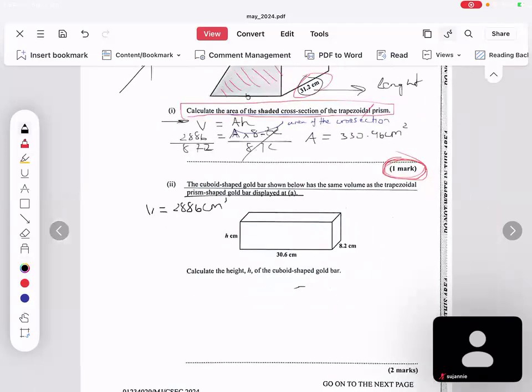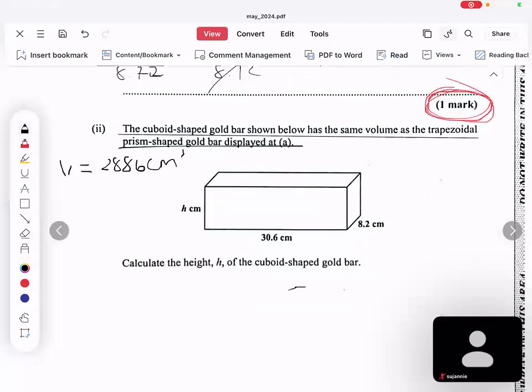All right. What they say now is, you must calculate the height of the gold bar. But they give you some new measurements now. They give you this, and they're missing that. Again, this comes back to the formula once again. You have to understand the formula. The formula for the volume of any prism is that V is equal to AH.